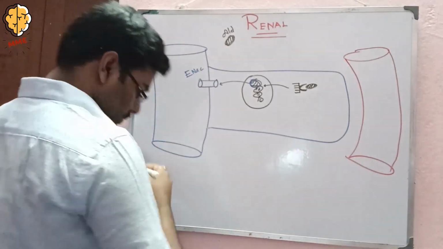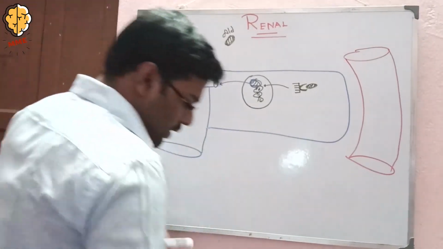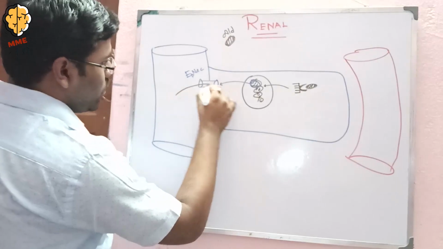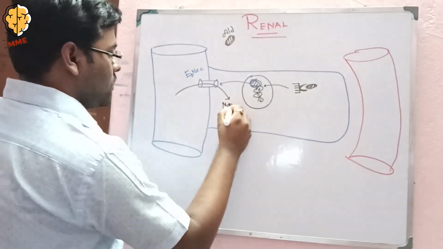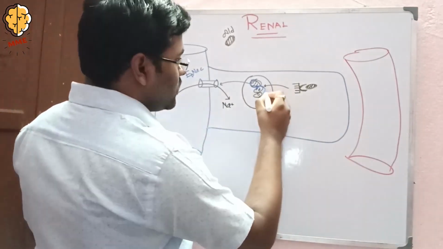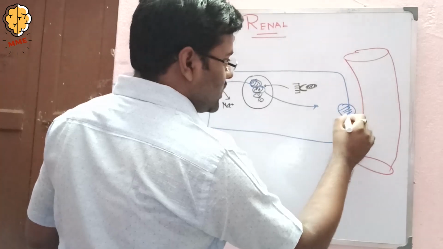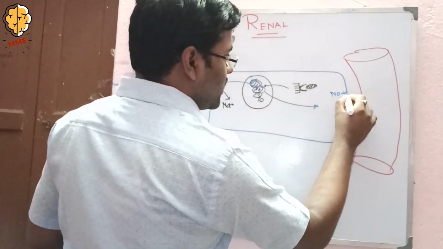By this, sodium gets in, so it does not have to be present in the blood. This part of the gene is activated and forms another channel, which is called sodium potassium ATPase.